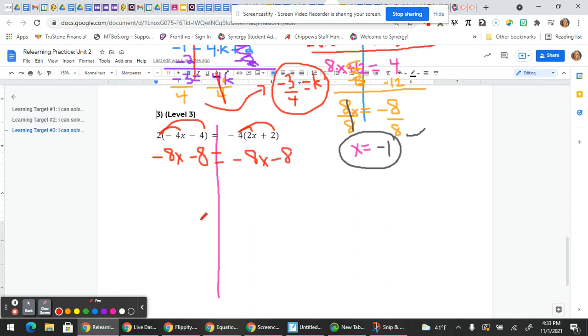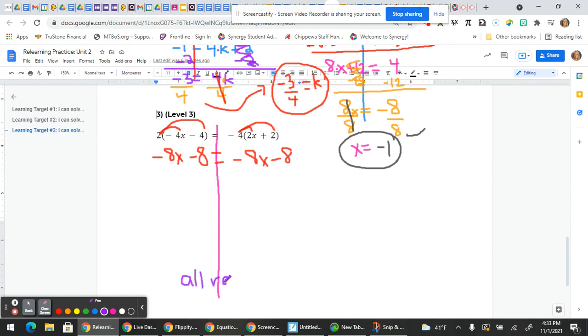Now, as I look at these, gosh, I'm noticing that they're very much similar because they are identical on both sides. That tells me no matter what number I put in for x, these two equations will always be equal. So that tells me no matter what number in here, all of the real numbers work.